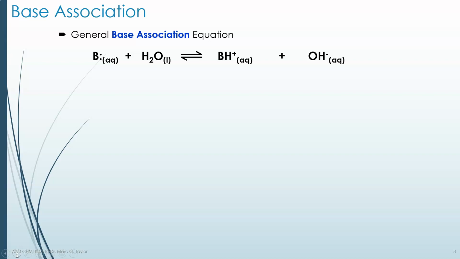So you'll notice in this reaction, no matter what base you throw in water, you're going to produce hydroxide ions in that water. Again, you have a base reacting with an acid. It's not a great acid. It's water, which is a very, very weak acid, but it does the job. And you end up producing the conjugate acid of the base, what we call the protonated base, BH+, and you produce the conjugate base of water, which is just water stripped of its H+.